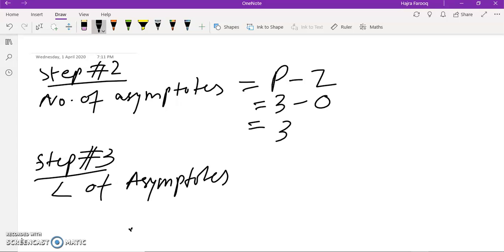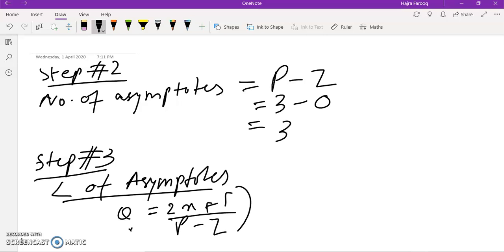As previously I told you its formula, theta is equal to (2x plus 1) over (p minus z) into 180 degrees. So x can be 0, 1, 2 depending on the number of poles you have. In this question we have x equal to 0, 1 and 2.